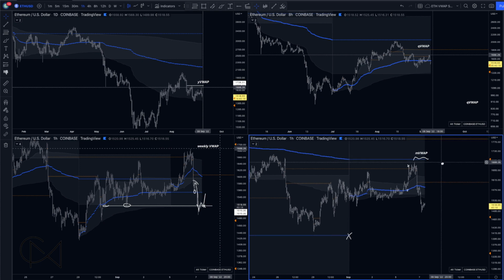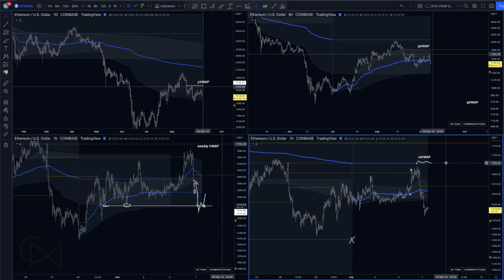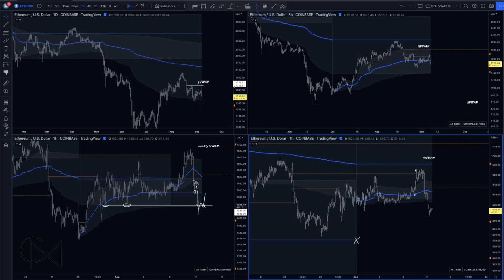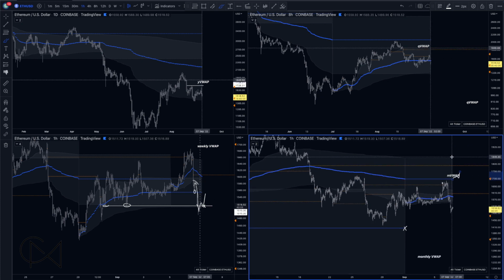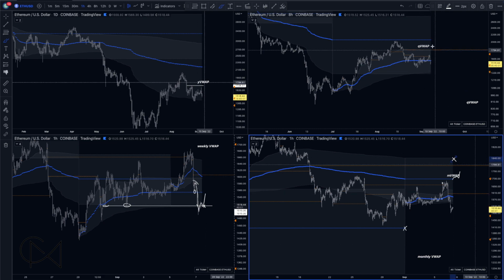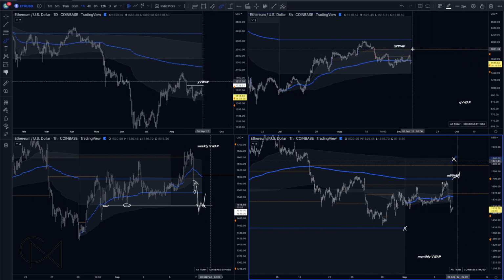Didn't even retest it quite, as we already rejected quite below it. And so a reclaim of this level here at 1705 will give a really nice push, and could give a push to at least 1850, which also would overlap with this developing quarterly value area high.